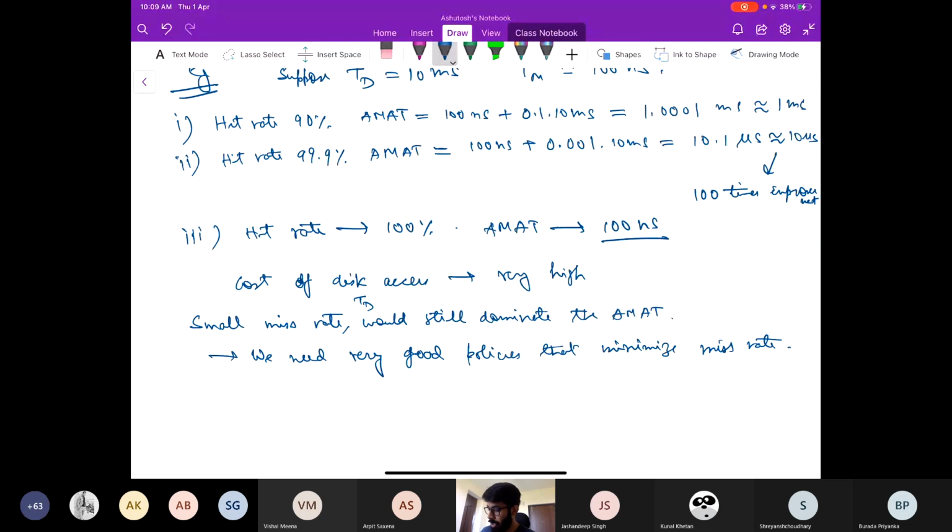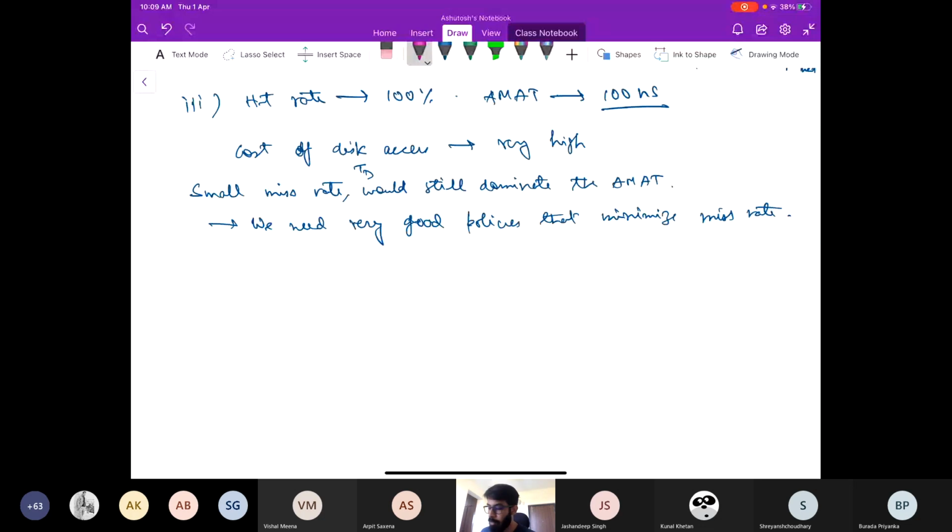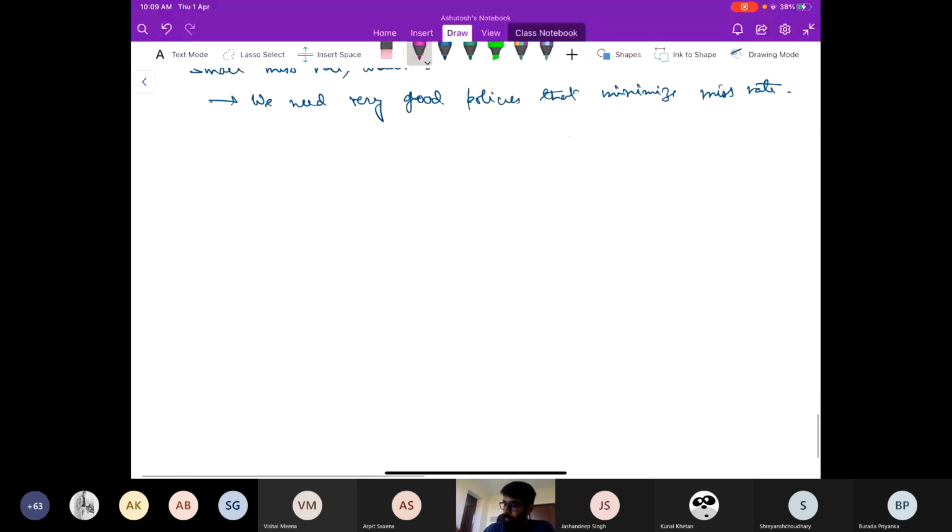Okay, so let's now start with the policies. What are the policies? This was just to emphasize that policies are really important. Okay, so the first one we are going to look at is the optimal replacement policy. But since we are going to study many policies and not just one, that should tell you that, of course, this cannot be implemented.